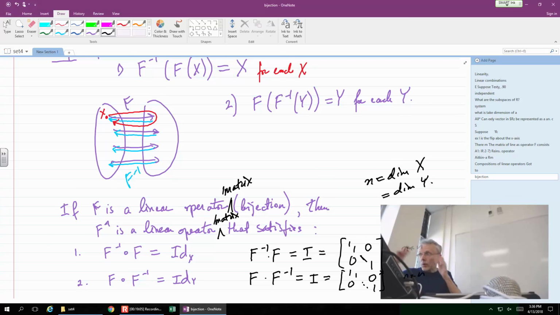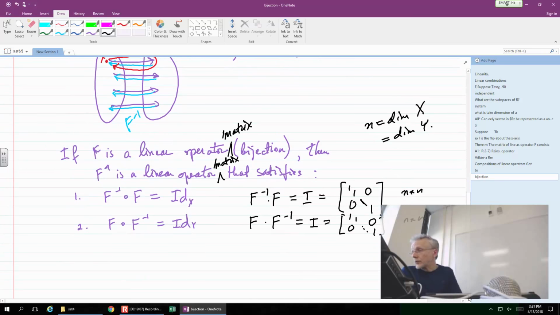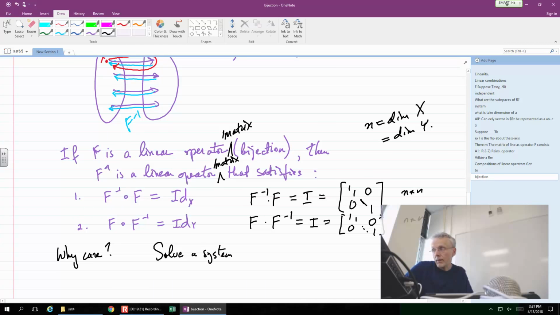Okay, so then first of all, let me quickly mention why we care. I mentioned that before, but let's do it again anyway. If we need to solve a system of linear equations, Fx is equal to b, it is where everything starts in linear algebra anyway. We need to find x for a given b.